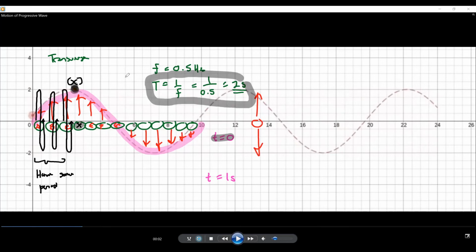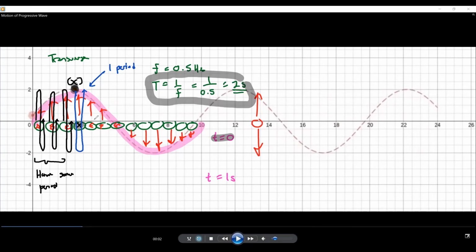So when it oscillates with a period of 2 seconds, if it wants to make one complete oscillation, you will see that it needs to go from this position at the top, go all the way down, and then go back all the way up. This one is 1 period.